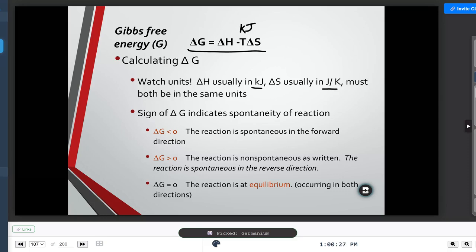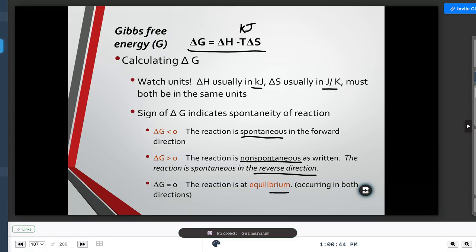Your delta G being less than 0 means that you're spontaneous. Delta G greater than 0 is non-spontaneous, as written. But if you reverse the reaction, then it would be spontaneous, okay? And then our delta G being equal to 0 means that we're at equilibrium. So this is the place, for instance, let's think about ice.